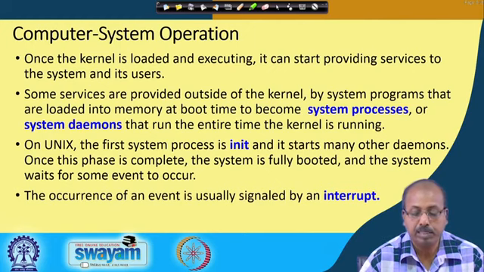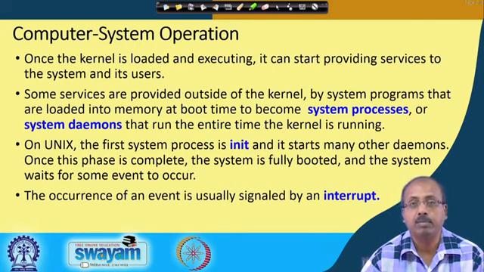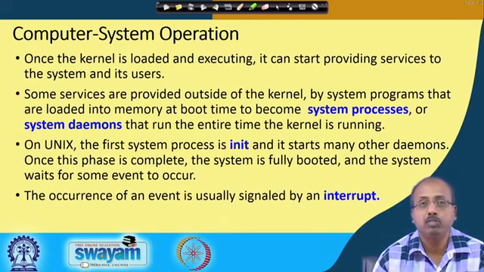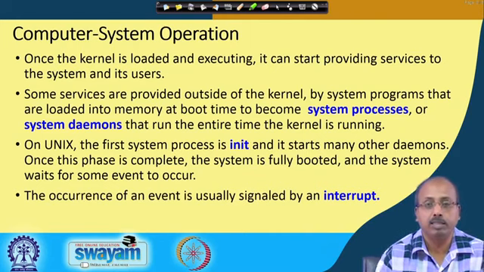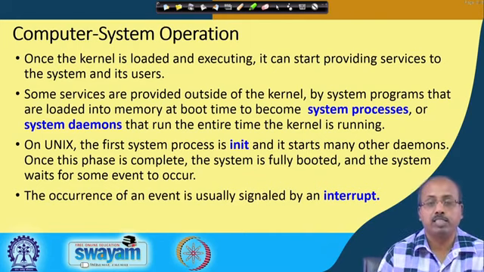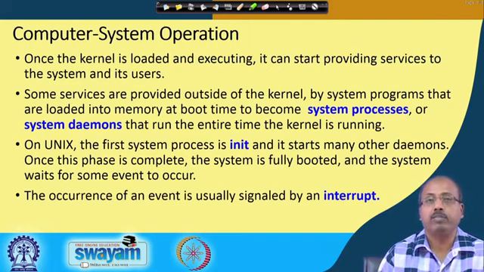Some services are provided outside of the kernel by system programs that are loaded into memory at boot time to become system processes, or system daemons, that run the entire time the kernel is running. Some of the services need to modify system resources. As a new process is created, the process table has to be updated; a new file is opened, the file table has to be updated.